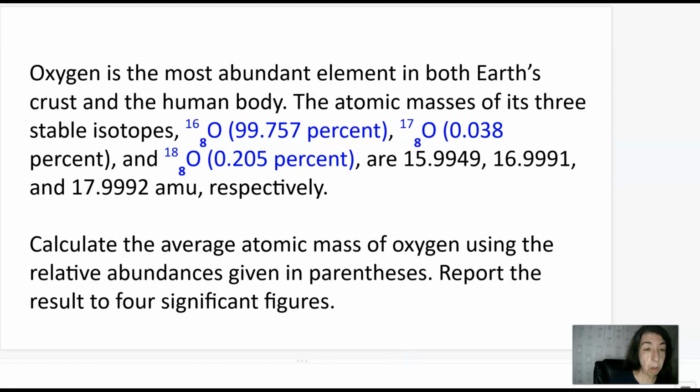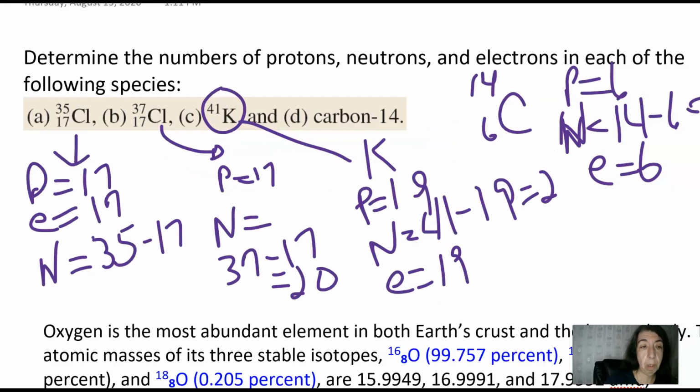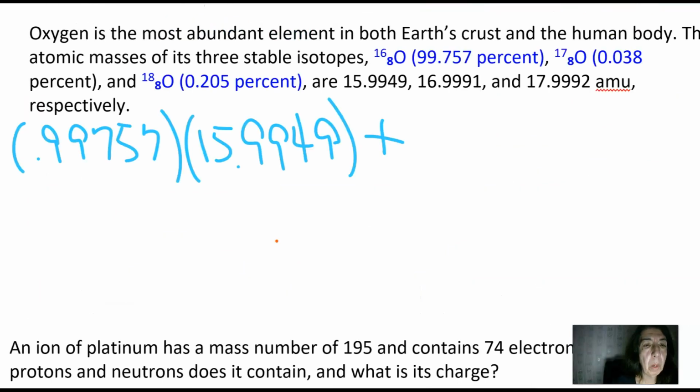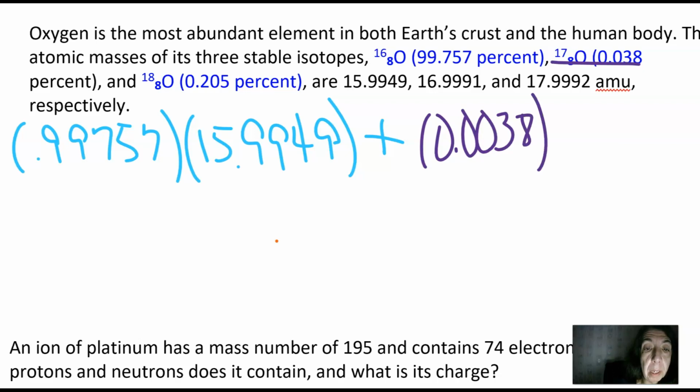So we'll go back to our page here. So oxygen 16 was 0.99757 times its weight, 15.99. Oxygen 17 is 0.038%, which makes it 0.00038 times its atomic weight, which is 16.9991.